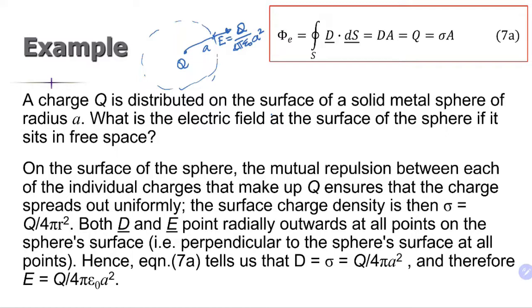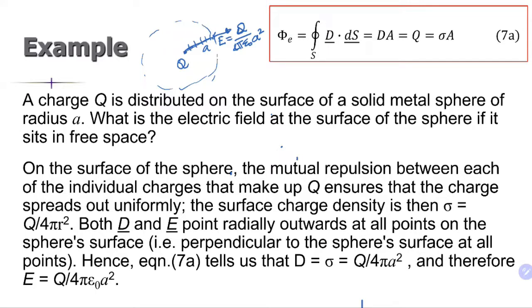The difference is that if I have a point charge, I have electric field at every point away from that point charge. Okay, so at every distance here I have electric field. But in a metal sphere, the electric field is only on the surface and away from the surface.